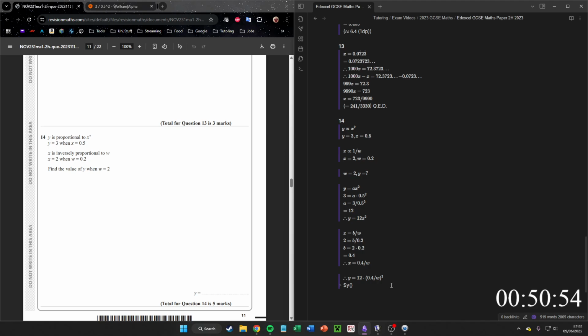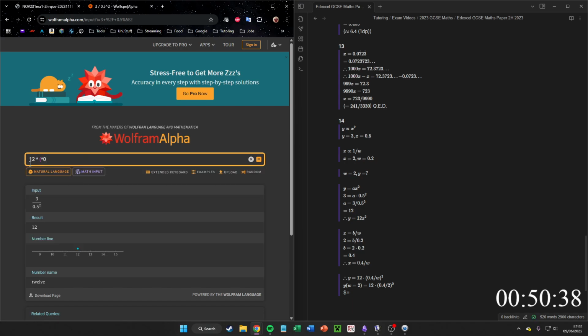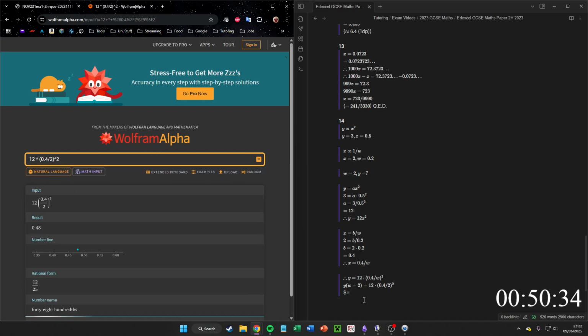So y when w equals 2 is 12 times 0.4 divided by 2, all squared. We could put this into a scientific calculator. So 12 times 0.4 divided by 2, all squared, gets us y equals 0.48.